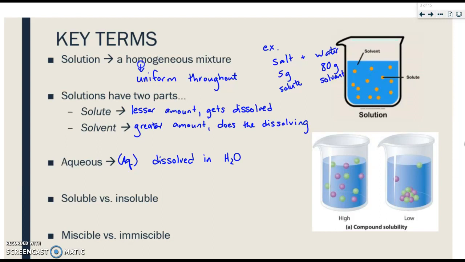Couple more terms on this slide. Soluble versus insoluble. Something that is soluble is something that can dissolve. Insoluble is the opposite, so it does not dissolve. And things that are insoluble usually form a solid or a precipitate.